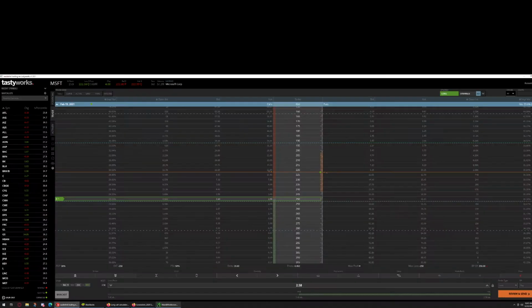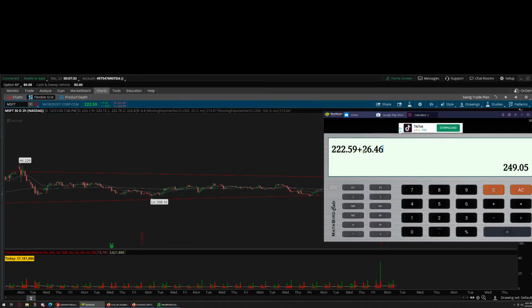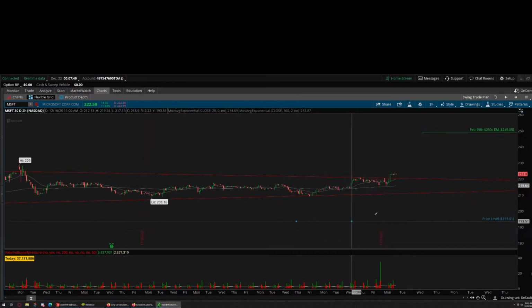Now we also do the same thing to the downside. $196.13. So that says that from now to 60 days out, February 19th, Microsoft could also fall to $196.13.